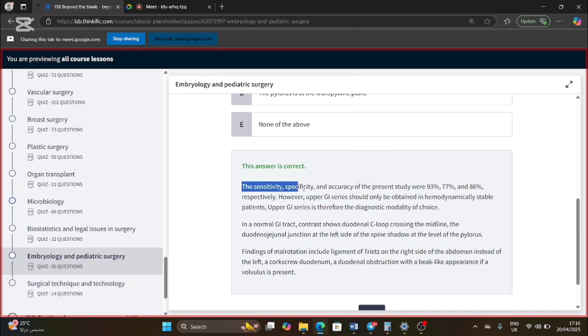They said sensitivity, specificity, and accuracy are 93, 77, so all high. You don't have to remember the numbers. So upper GI series is the best investigation to diagnose this problem. But it's only done in the hemodynamically stable. You can't do it in someone who's hemodynamically unstable.